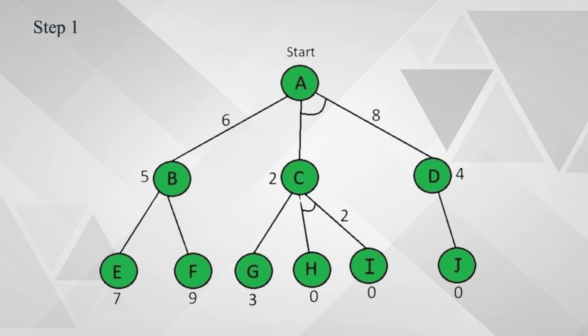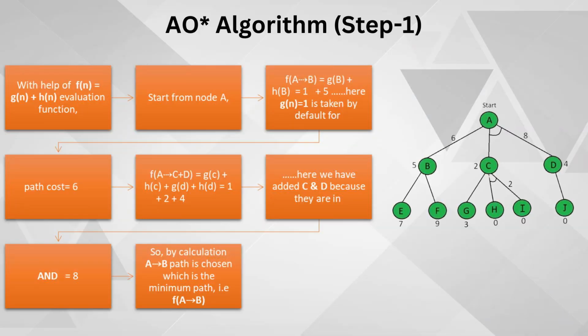In the next step, step 2, we will explore the next value. With the help of the evaluation function f of n is equal to g of n plus h of n, start from node A. F of A to B is equal to g of B plus h of B, that means 1 plus 5. Here g of n equal to 1 is taken by default for path cost, so the total value is equal to 6.